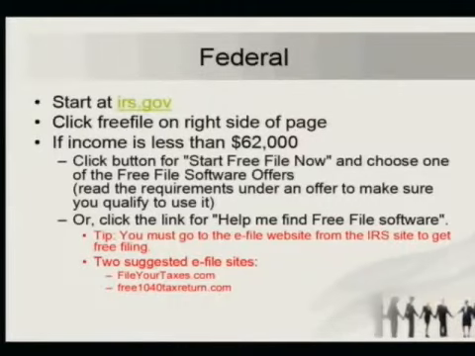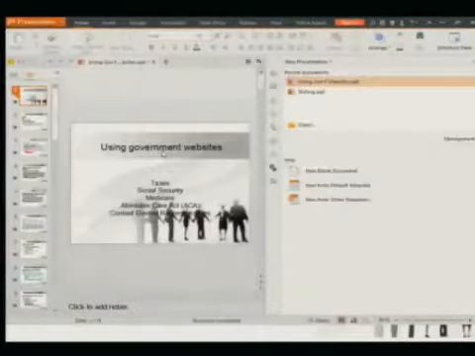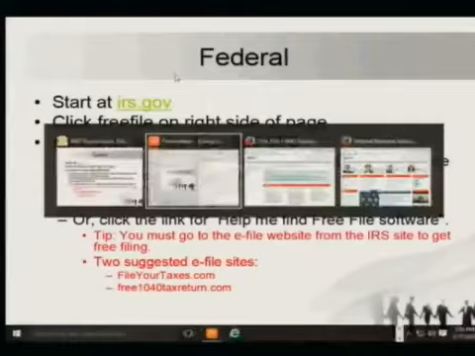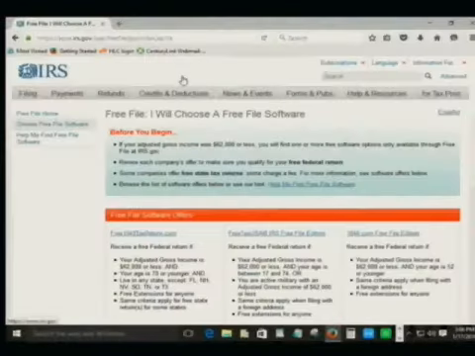Okay, in red, I've got a tip there, and this is a critical point that you must remember to get the free service. You must start this process by going to irs.gov, and from there selecting one of those services.